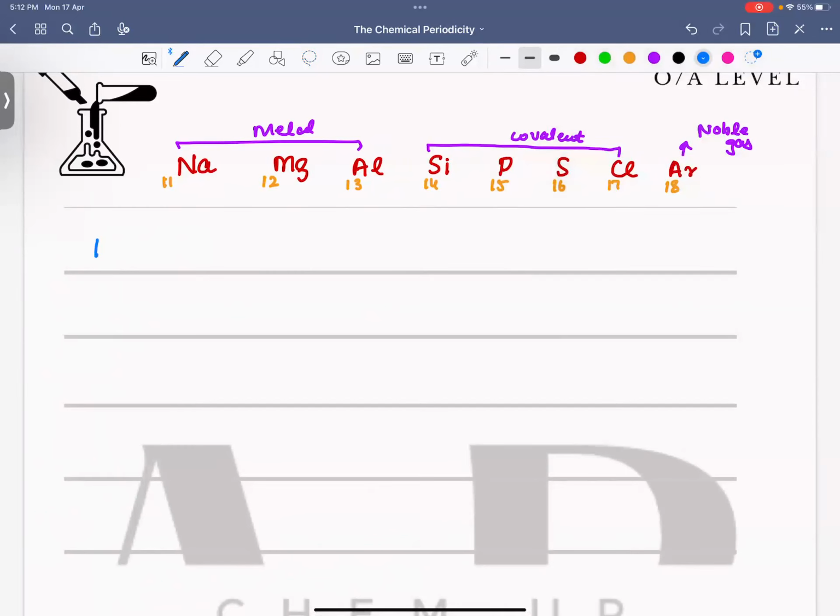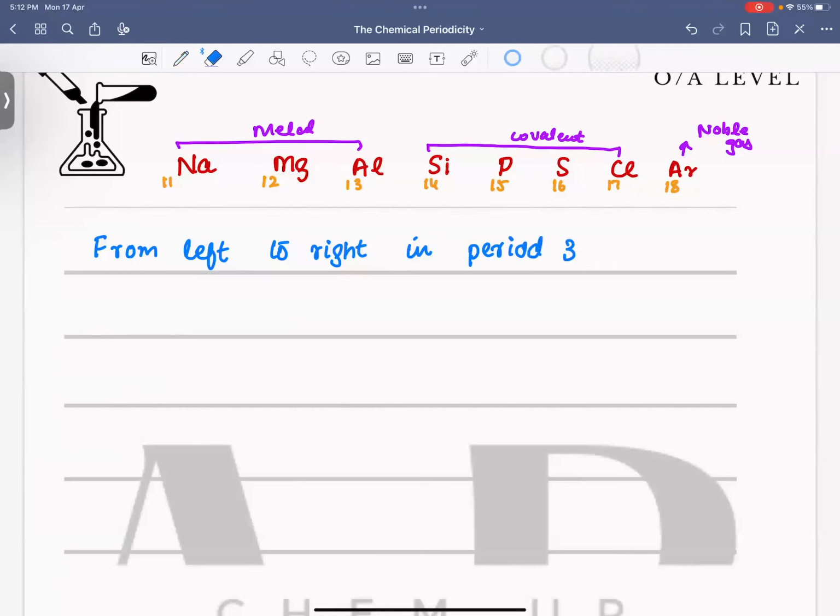So when I move from left to right, let's suppose in period 3 or any other period, the atomic number is increasing, which means the number of protons increases, right?